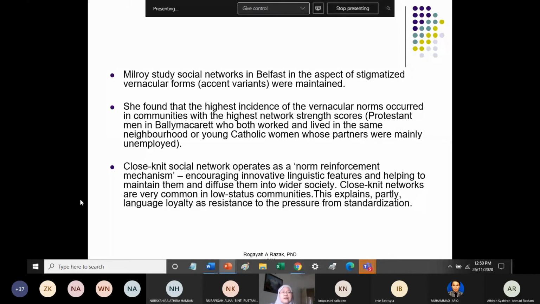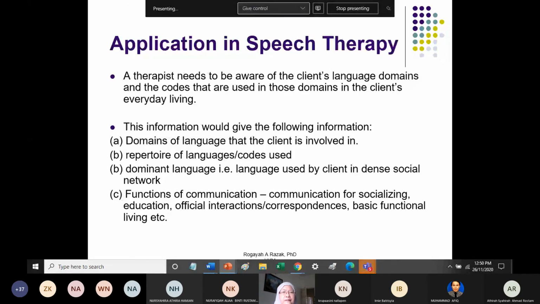Okay, so the notion of sociolinguistics is very much a part of speech therapy, but I think also in audiology, because you remember that you are looking at someone, and this patient or client comes from a family, and that family comes from a community.